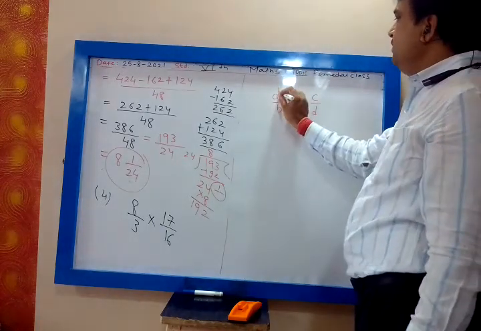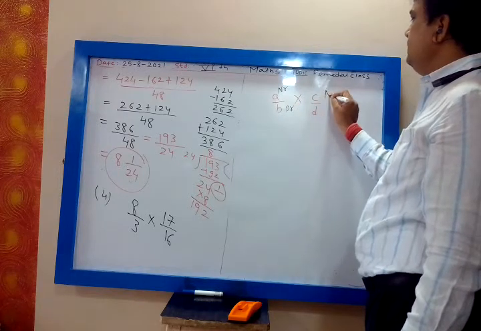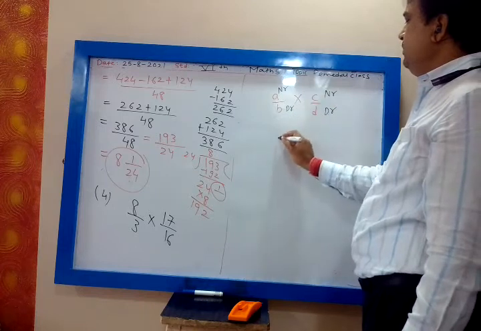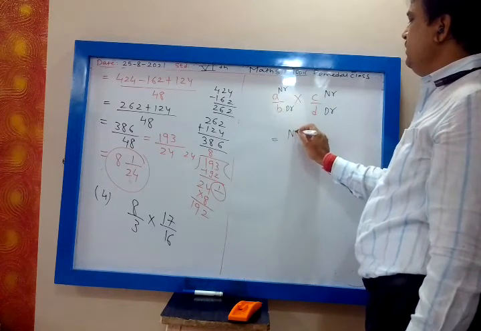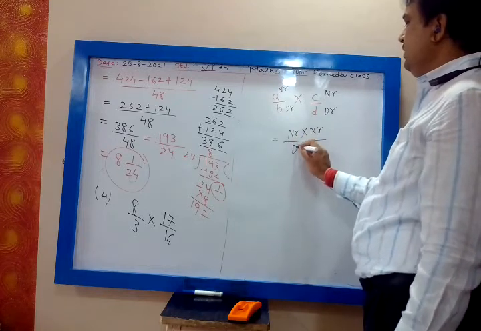In A by B, A is my numerator, B is denominator; in C by D, C is my numerator, D is denominator. So whenever you have to multiply two fractions, multiply numerator to numerator, denominator to denominator.